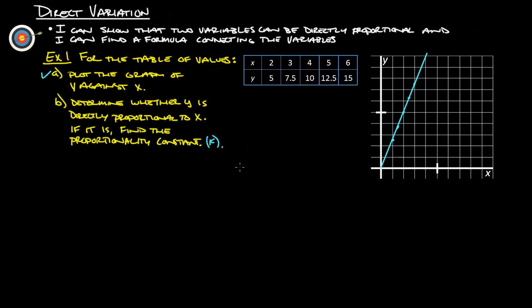The quick and easy way is that the proportionality constant is just the slope of the line. We start at 0, 0, and go up to a nice intersection at the point 2, 5. The rise from 0, 0 up to 2, 5 is up 5 over 2, which is 2.5, our proportionality constant.